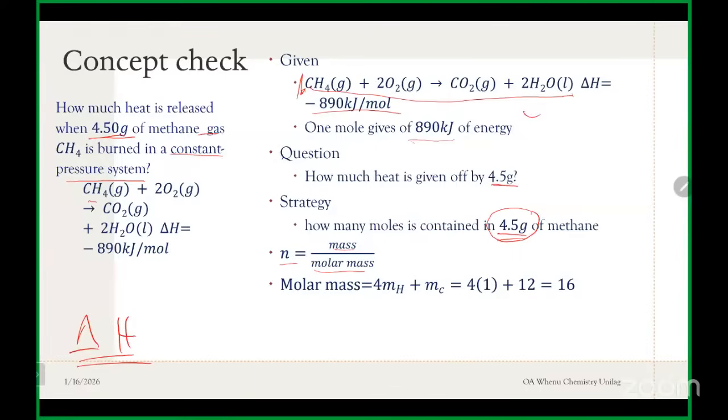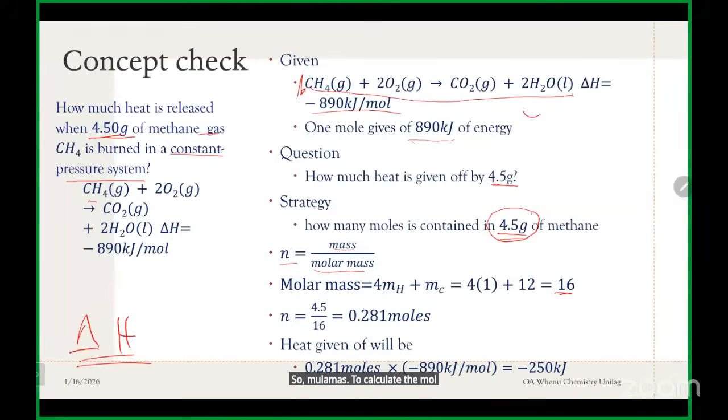Okay, so Abiodun will see now if it's the same thing. So we calculate the molar mass. That's the number of moles. So what is given off will be minus 250.